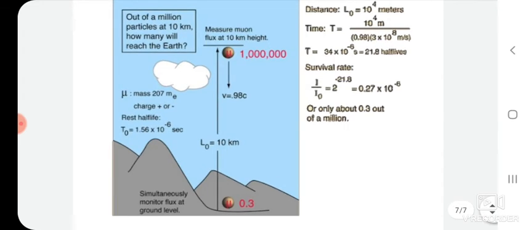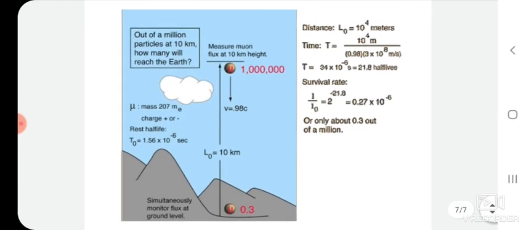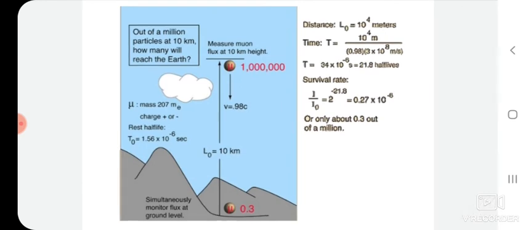Then the next problem: out of a million particles at 10 km from the earth surface, how many will reach the earth?